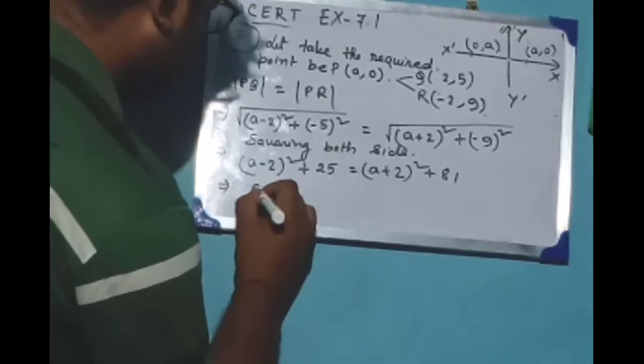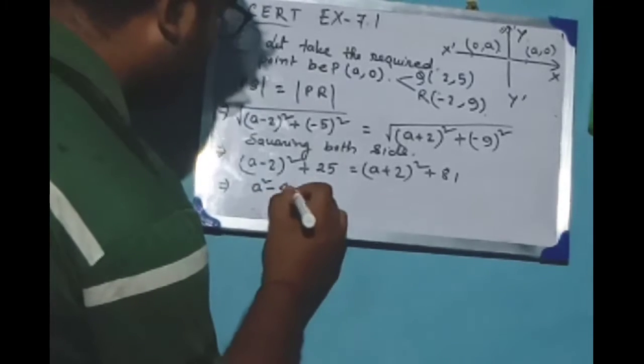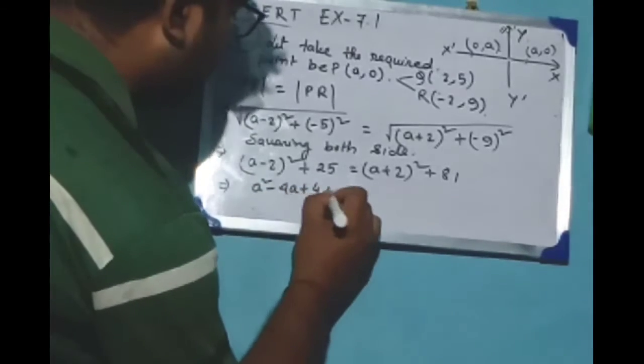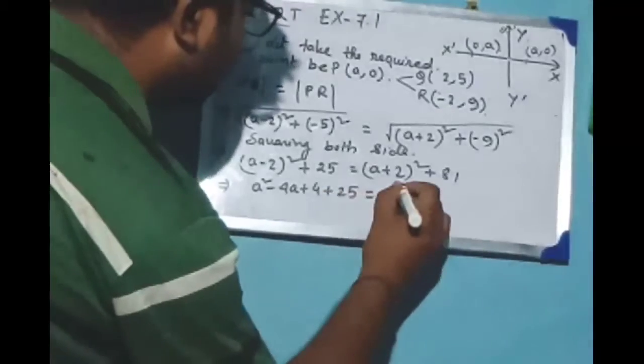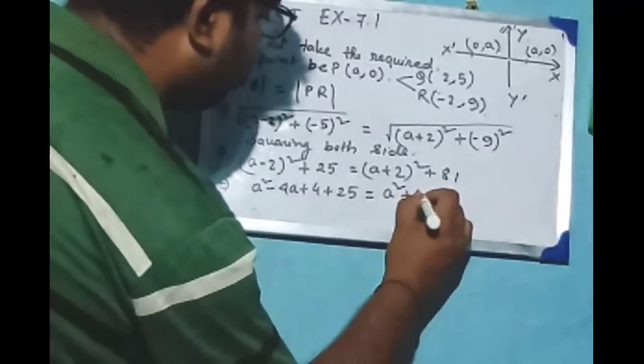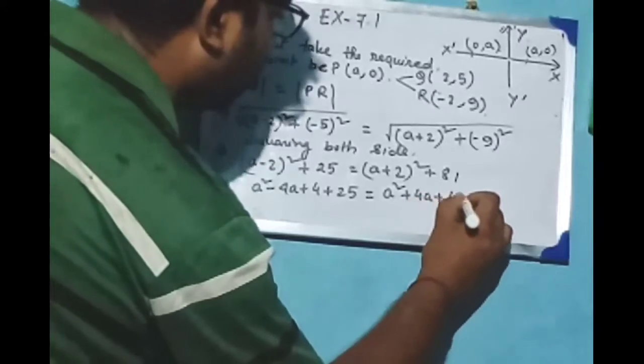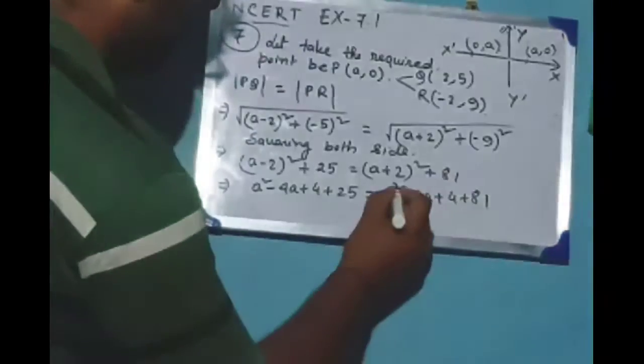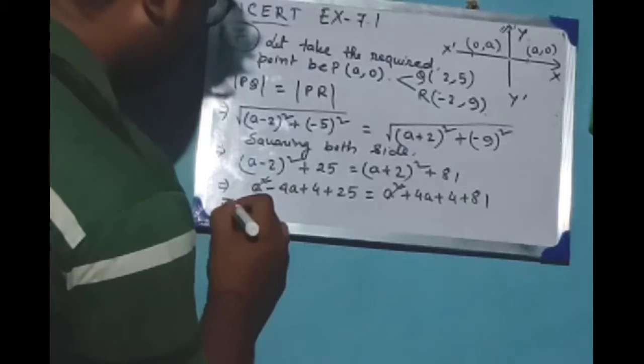This gives a square minus 4a plus 4 plus 25 equals a square plus 4a plus 4 plus 81. The a square will cancel out.